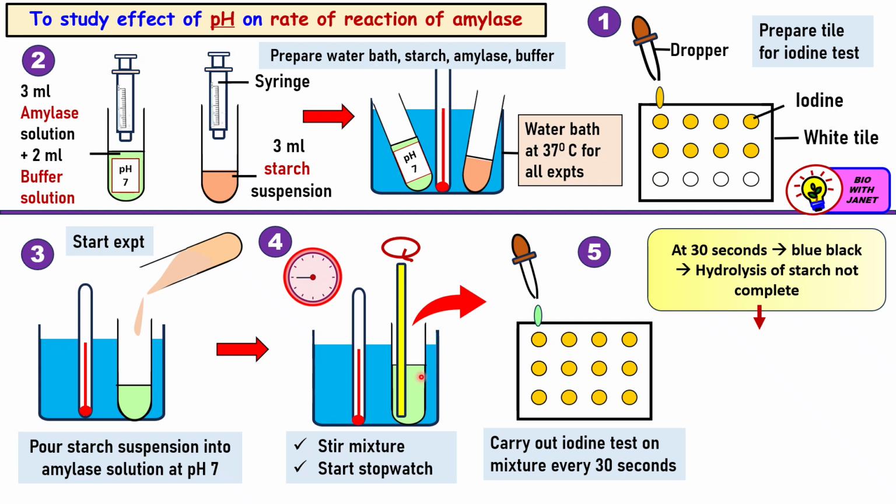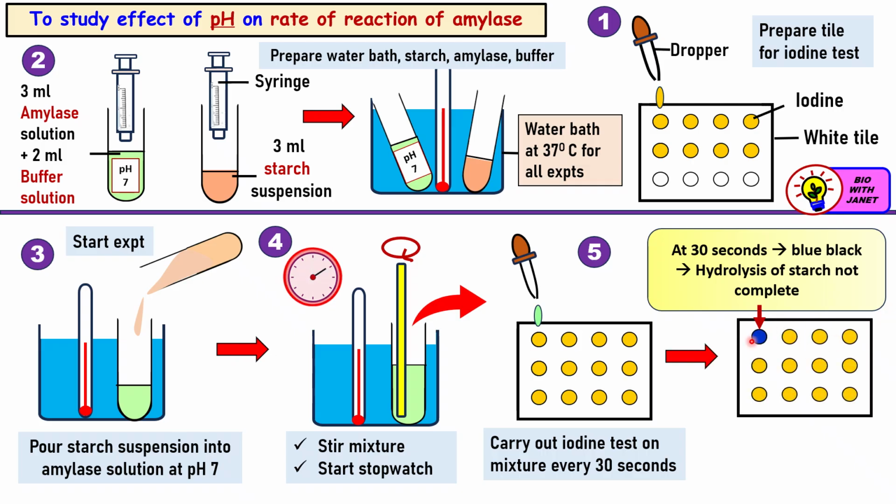So drop a sample of the mixture into the tile which has the iodine. For example, here we see that for the first 30 seconds, when you add the mixture to the iodine solution, it turned blue-black. This shows you that the hydrolysis of starch is not complete yet, because there's still some starch in the mixture.